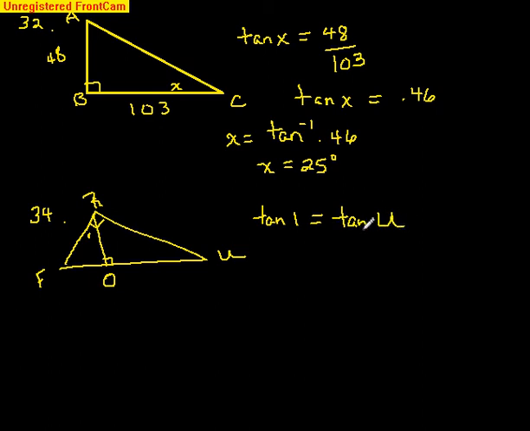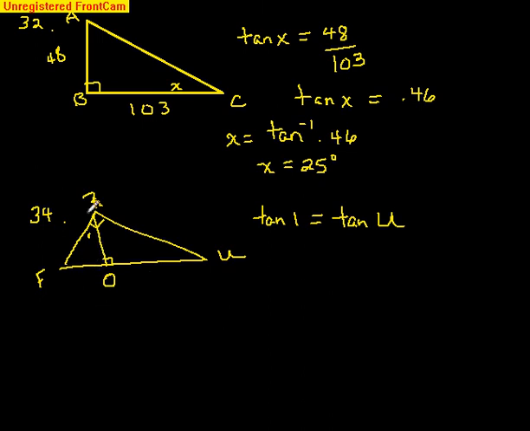When you're doing the formal proof, you would write your given, that you have a right triangle and that you have an altitude. Then you would have to say RO is perpendicular to FU, because a line segment is an altitude if and only if it's a segment from a vertex perpendicular to the line opposite.